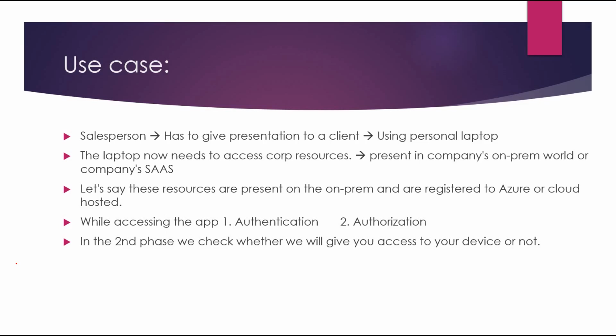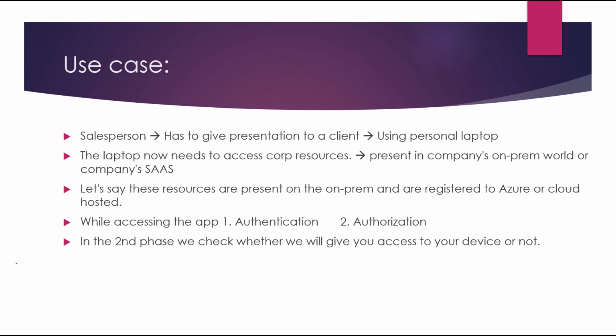When I try to access that application from my personal laptop, first I'll have to get myself authenticated, so I enter the username and password. Being authenticated means that I'm a legitimate user. But as I said, the user has proven his identity, but the device has not. So Azure will make sure that it gives access only to a legitimate device, not just a legitimate user.